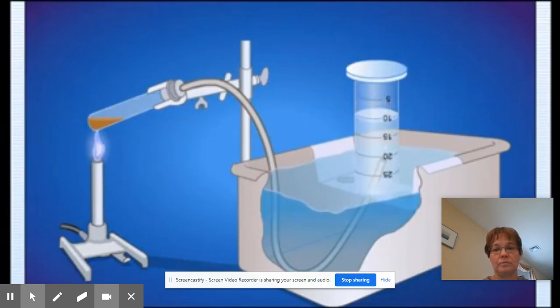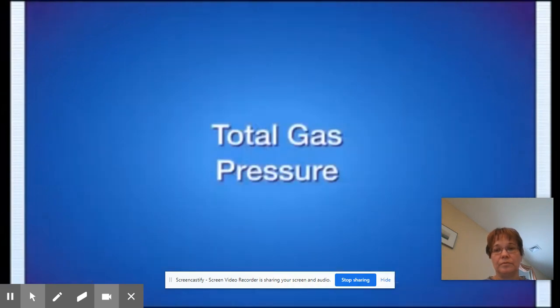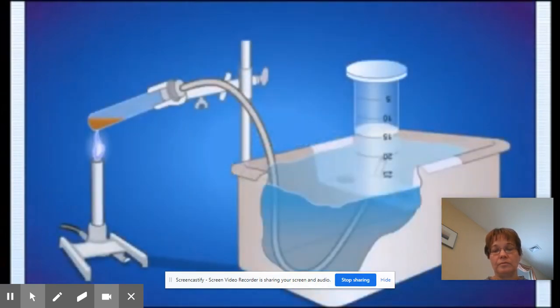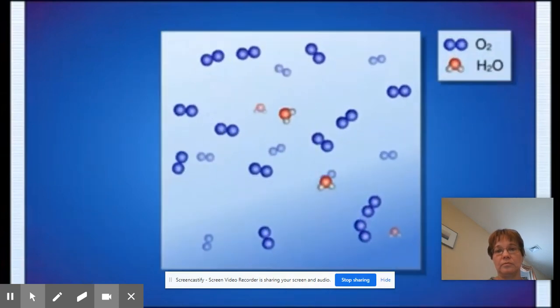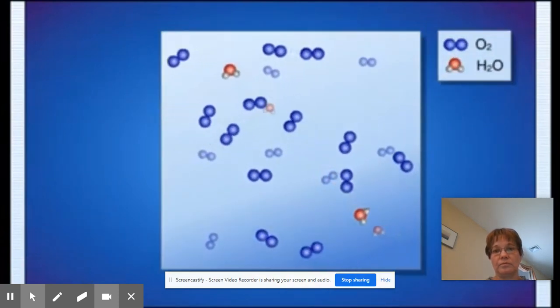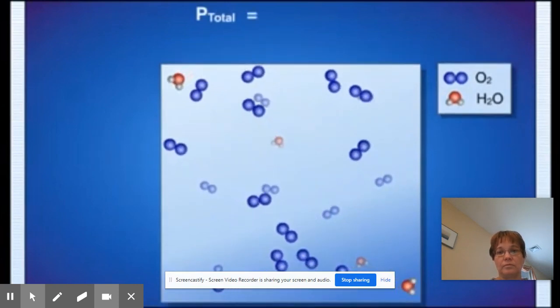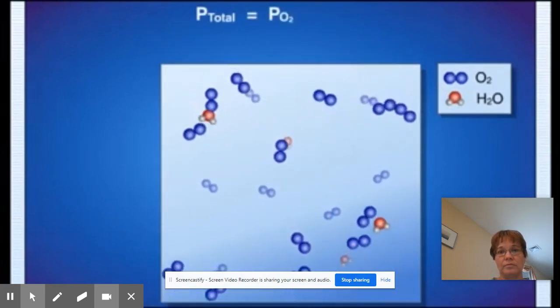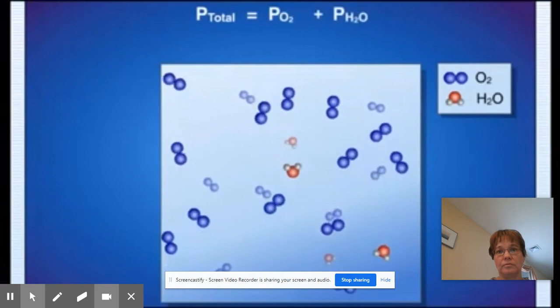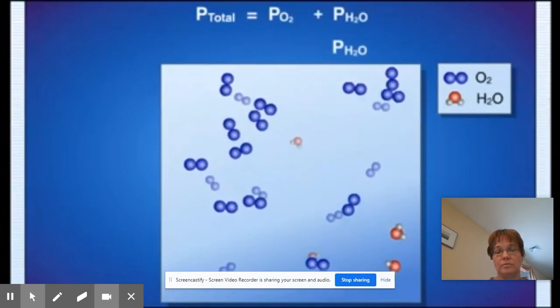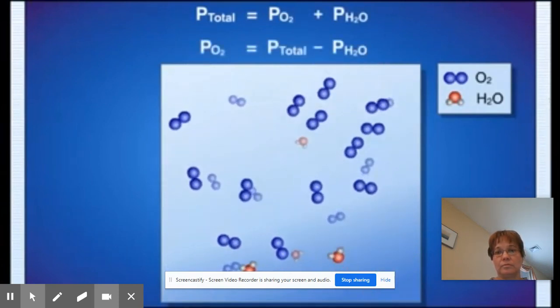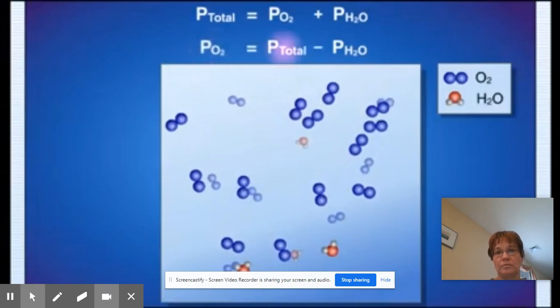This method of collecting a gas is based on the assumptions that the gas does not react with water and that it is not appreciably soluble in it. The oxygen gas collected in this manner is not pure because water vapor is also present in the cylinder. The total gas pressure is equal to the sum of the pressures exerted by the oxygen gas and the water vapor. Consequently, we must allow for the pressure of water vapor when we calculate the amount of O2 generated. The partial pressure of O2 equals the total pressure minus the pressure due to water vapor.